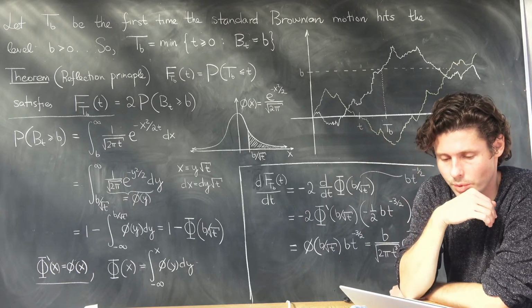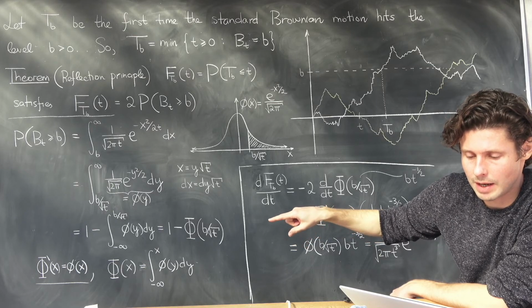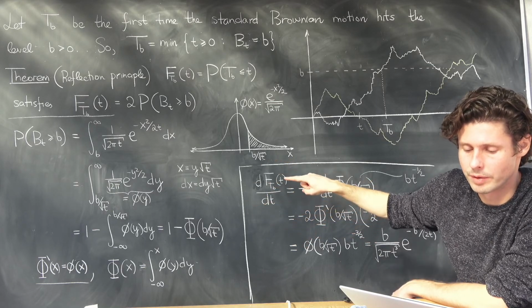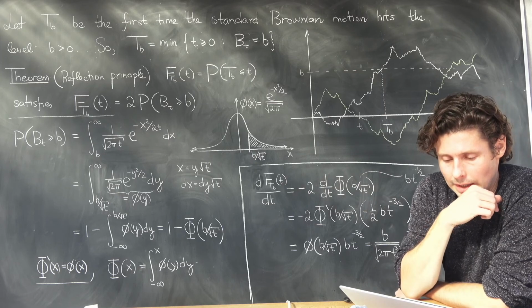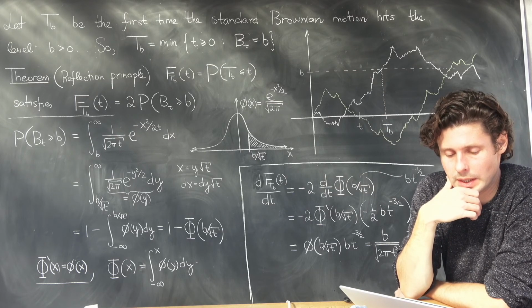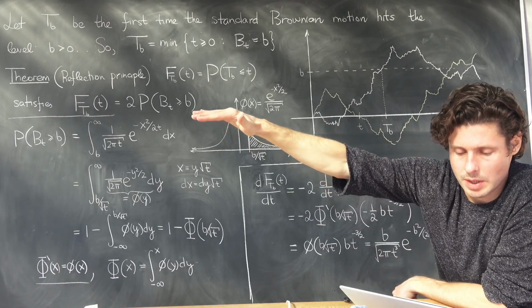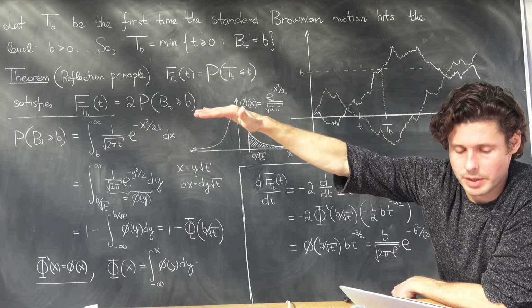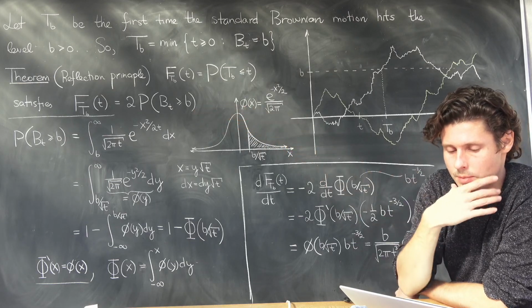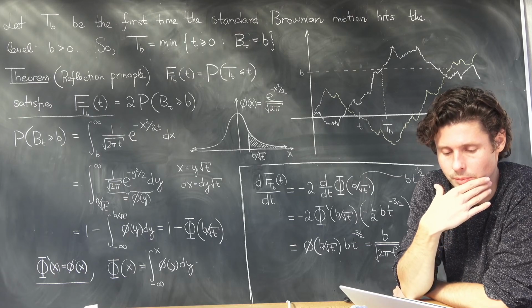So that's the probability we're interested in, and if we can compute that out, we'll also then take a derivative with respect to t, and then have the density that we can integrate against. So the reflection principle is going to tell us that probability, that CDF, is equal to 2 times the chance that the Brownian motion at time t exceeds the level b.